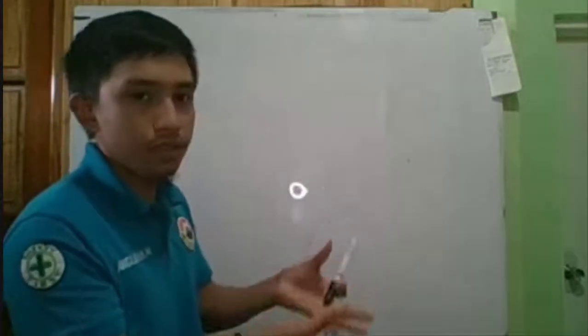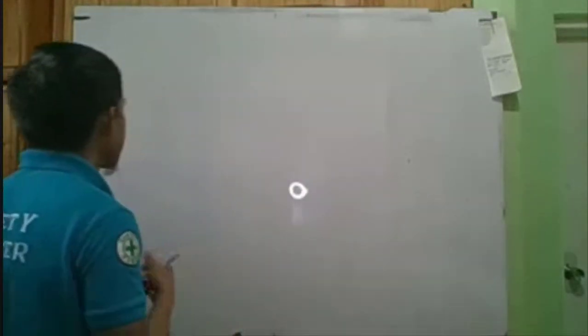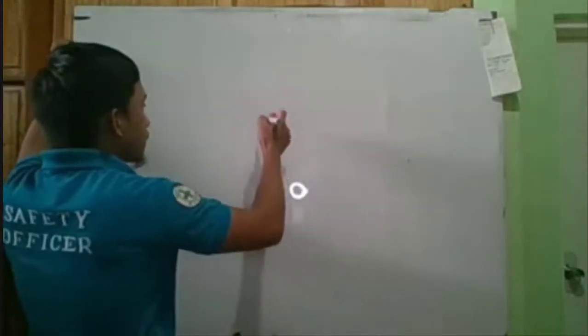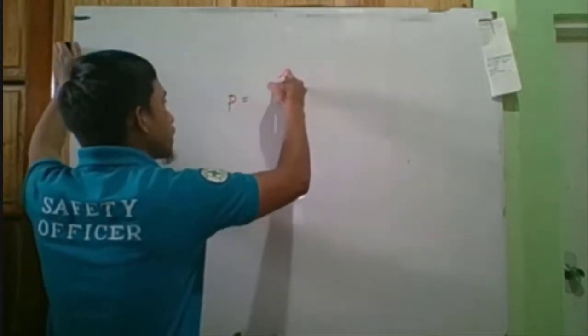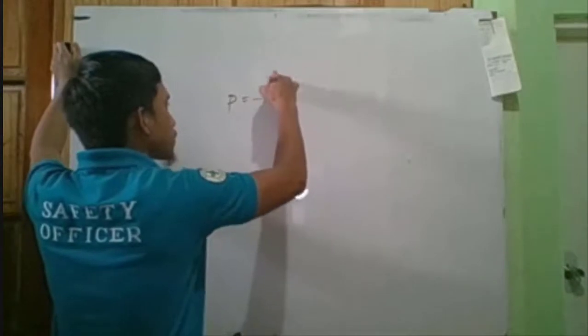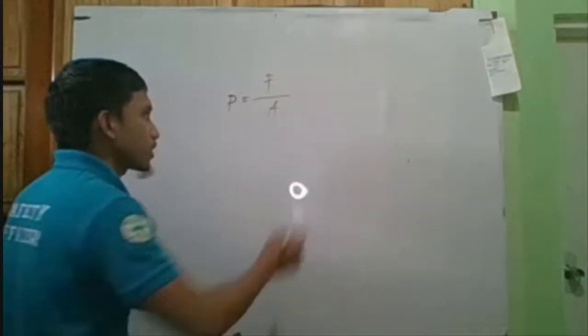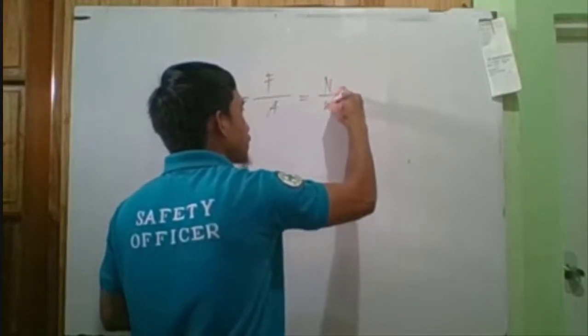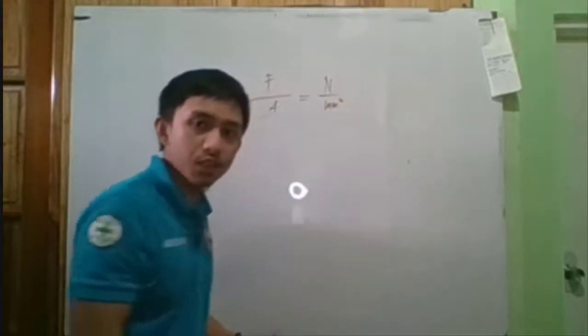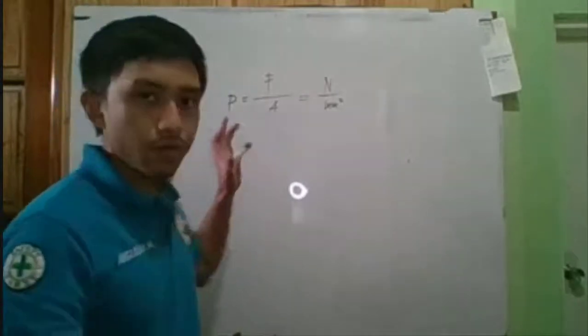But if you are just focusing on the external force, then that is the pressure. So again, pressure, let's say that is the small p, is a force over area, isn't it? So what is the unit of that? That is either in Newton per mm squared or megapascal, or Newton per meter squared, Pascal. So that is our pressure p.